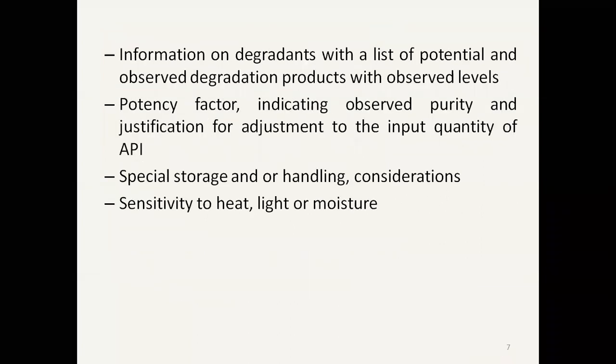Then the next requirement is information on degradants, with a list of potential and observed degradation products and data to support proposed specification and typically observed level. Whatever they observe, whatever data they get, they must provide.